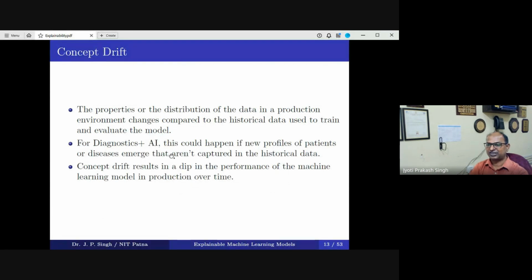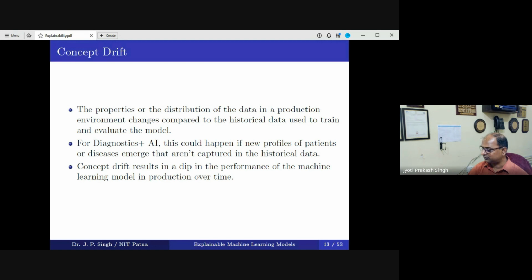The other one is concept drift, which is a very common thing. Concept drift means, say you collected data today and developed a model. For example, you collected data for a market survey and developed a model based on that. The model is in operation. Say you think of 5 years ahead. Down the line of 5 years, the income level, the education level, the locality status, everything may change.